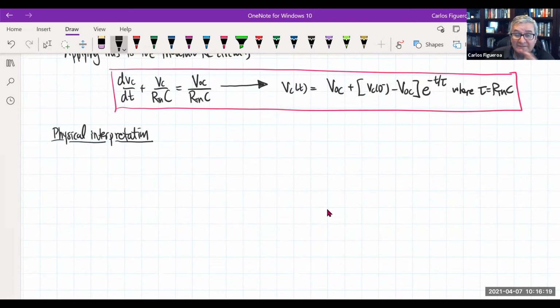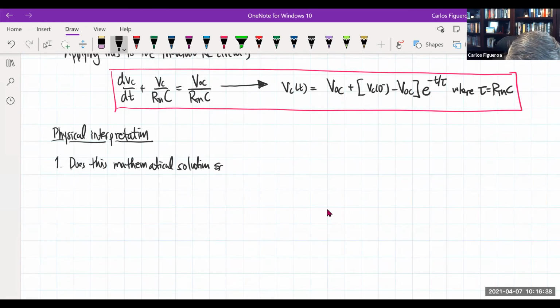So, does this mathematical solution make sense? Does it satisfy the initial conditions? They better, right?